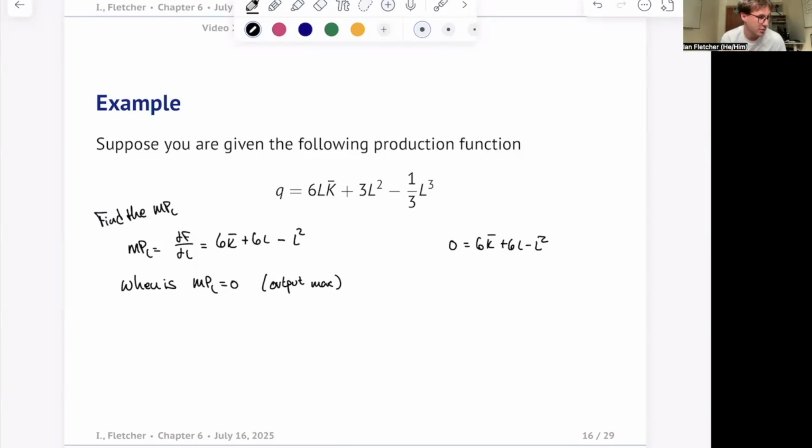If we throw this into an algebra machine, we're going to get that L is equal to 3 minus the square root of 6k bar plus 9, or something like that. What other questions could we ask? So when is the MPL decreasing?